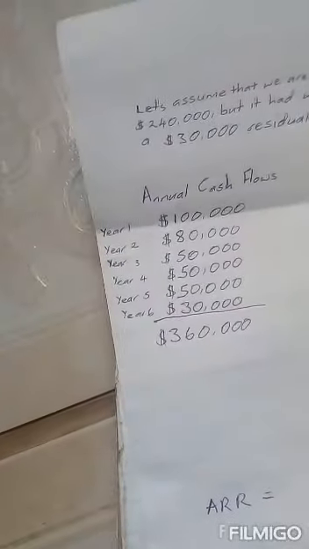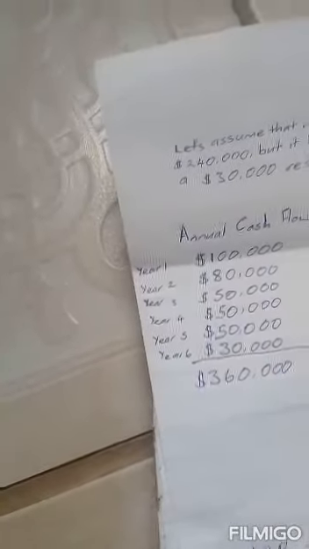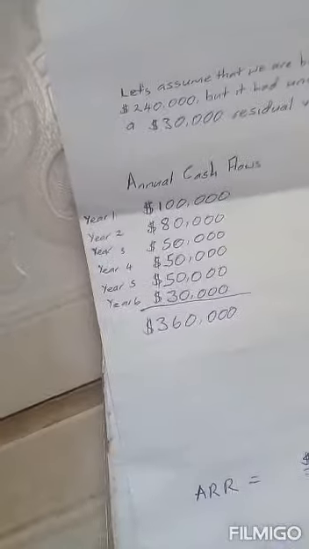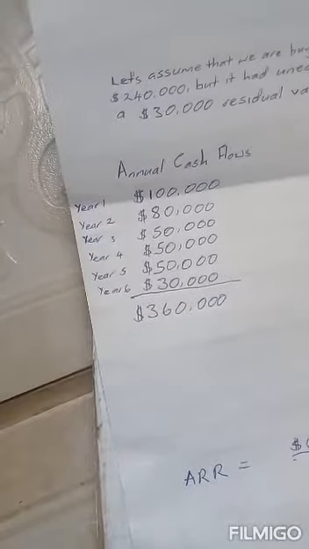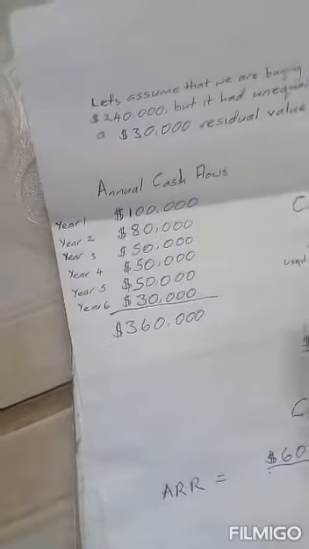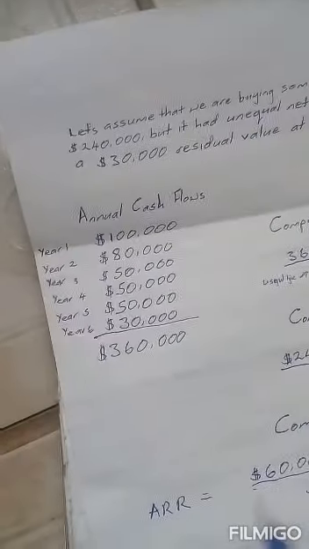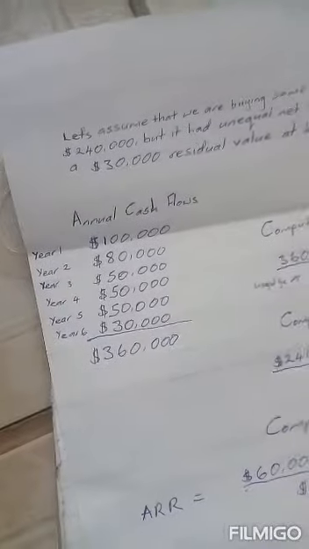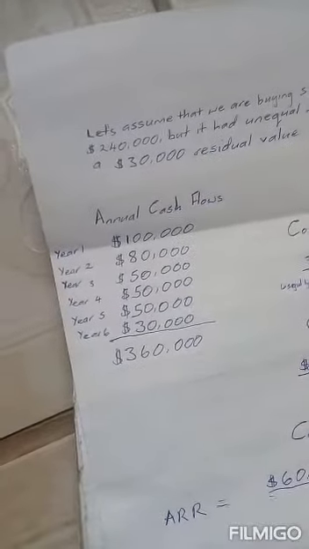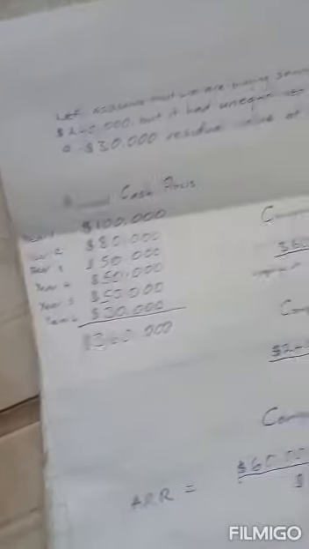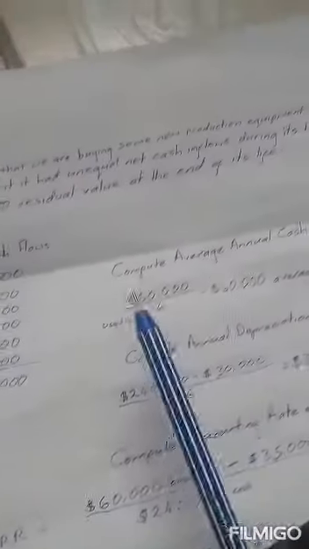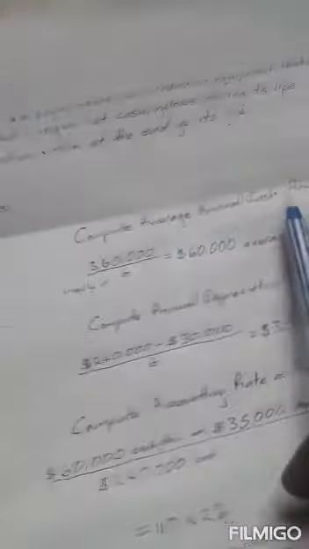Now to calculate the accounting rate of return, we need to subtract the average annual depreciation expense from the average annual cash flow. Let's first find the average annual cash flows.